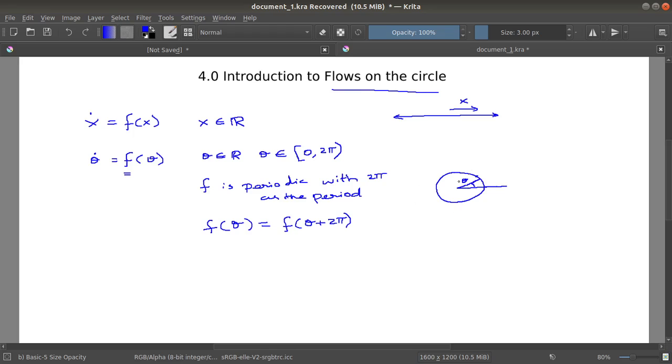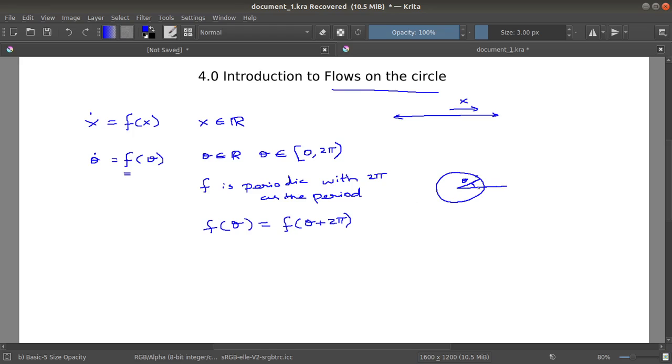So that's what flows on the circle means. Whatever the trajectory or phase portrait we draw, we will be drawing it on this circle.